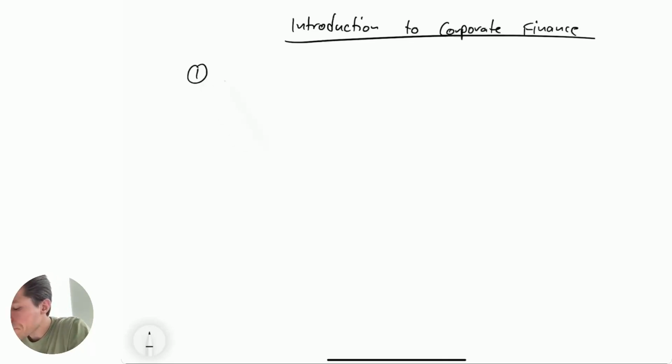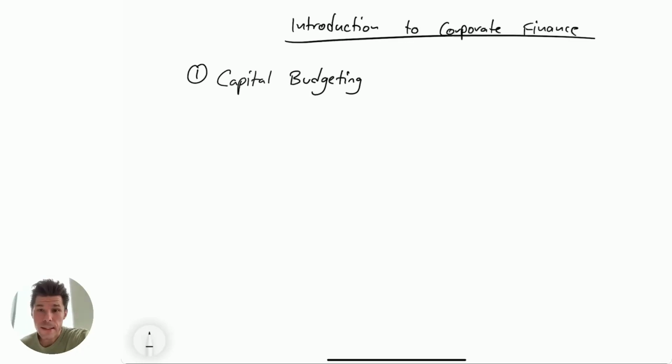First one is called capital budgeting. This is a process of planning and managing a firm's long-term activities. In what long-lived assets should you invest? Which line of businesses or operating units do you want to enter?